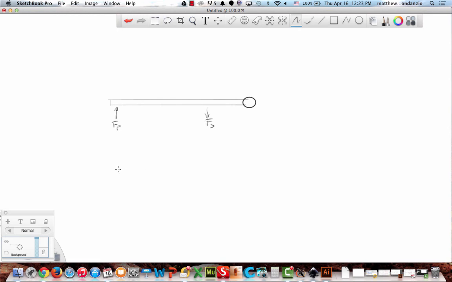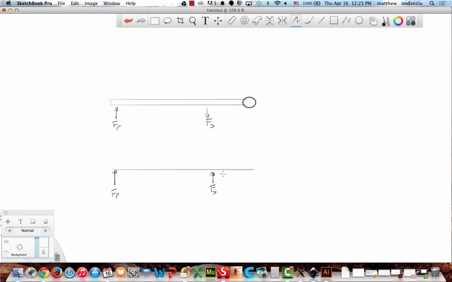And we drew the free body diagram, right? So here's my push force. Here's my spring force. Are those the only 2 forces I have on the door?